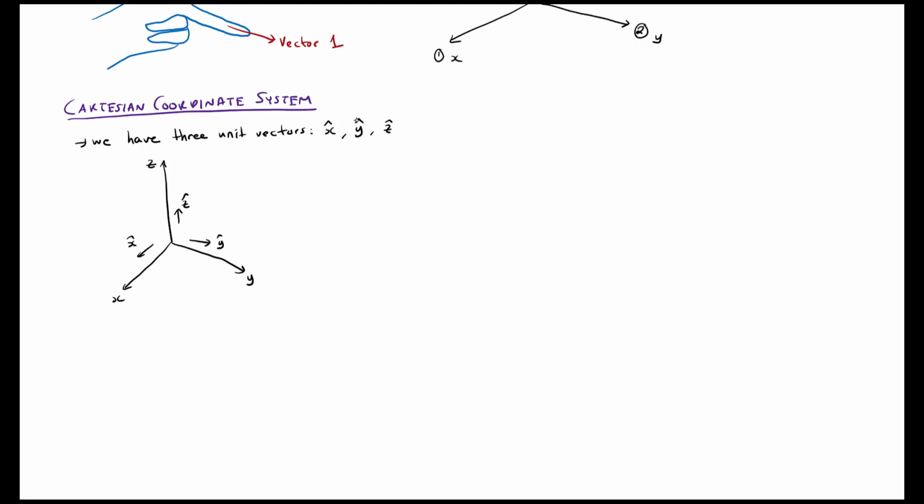So, in other words, it would make sense that we represent a three-dimensional vector A as a summation of all of the different paths that it takes.